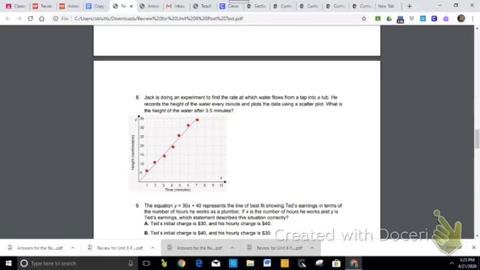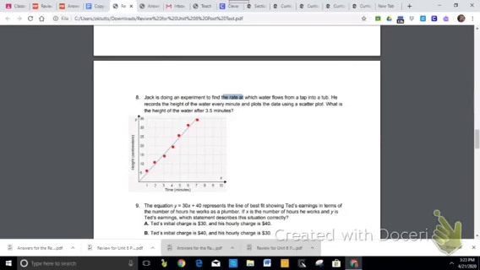Okay, number 8. Jack is doing an experiment to find the rate. What's another name for rate? Did everybody say slope? The rate or the slope at which the water flows from a tap into a tub. He records the height of the water every minute and plots the data using a scatter plot. What is the height of the water after 3.5 minutes?